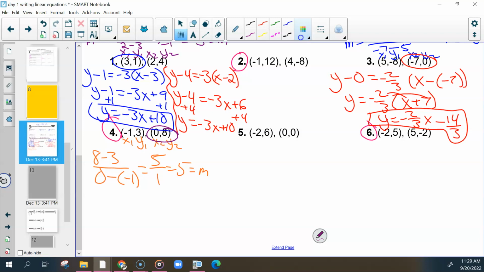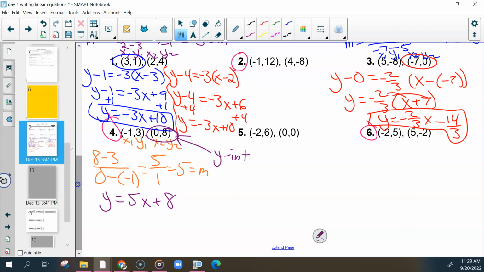On the y-axis. So this would make this a y-intercept because it falls on the y-axis. So if you see something like that, you don't have to do the rest of the work. You can just put in your slope and your y-intercept, because you have those two, and say y equals 5x plus 8.